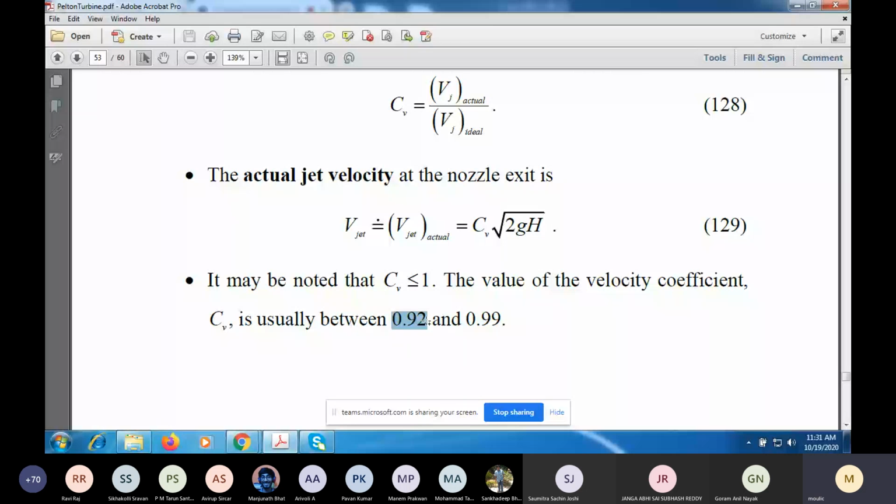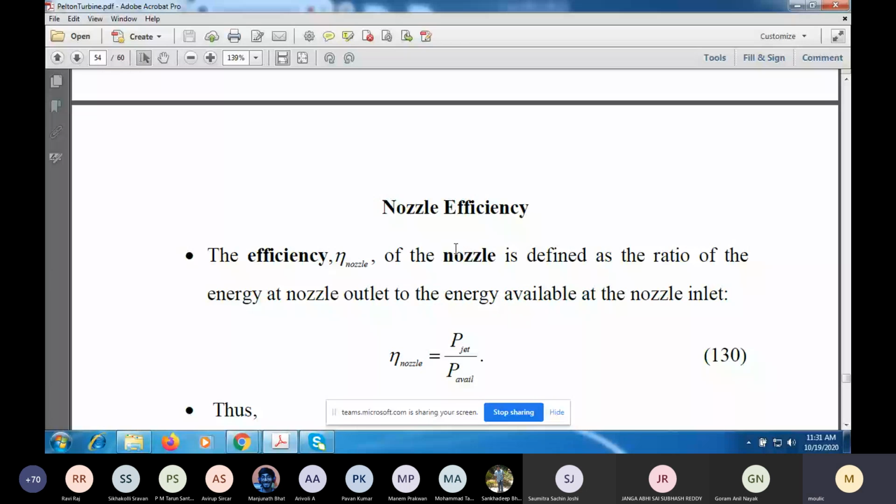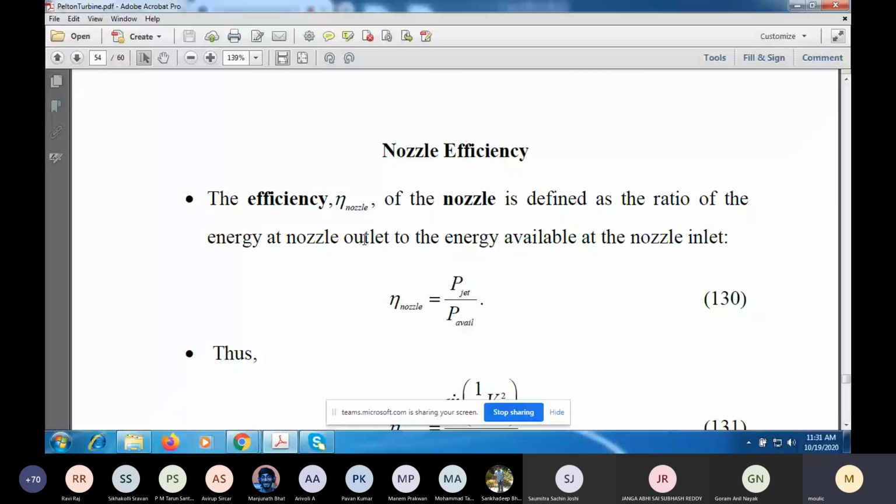Now one can define a nozzle efficiency, which I'm calling eta subscript nozzle. It is the ratio of the energy at the outlet of the jet to the energy that is available at the inlet to the nozzle. The energy available at the nozzle outlet is in the form of the kinetic energy of the jet. So that is the capital P with the subscript jet, which is half m dot into Vjet square.